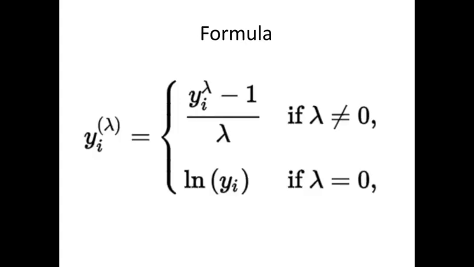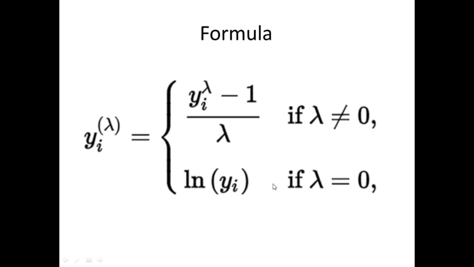And this is the formula for Box-Cox transform. By using this formula, we can transform the abnormal or non-normal data into normal distribution. But this transformation only works with positive values. Using this formula manually is a very laborious task.